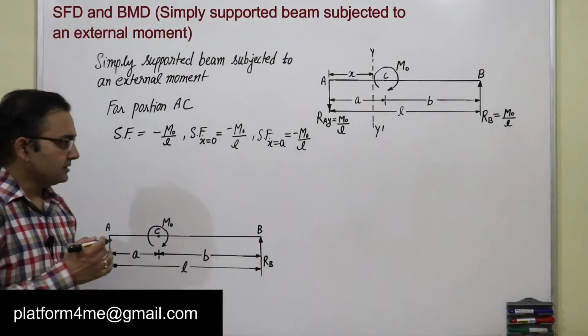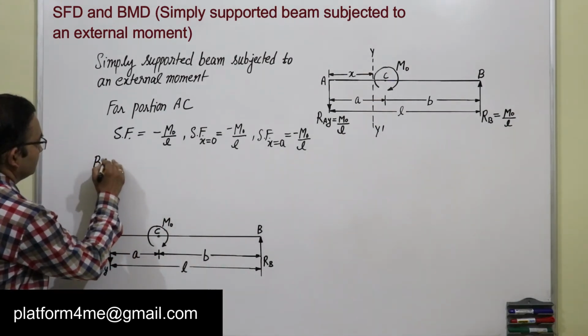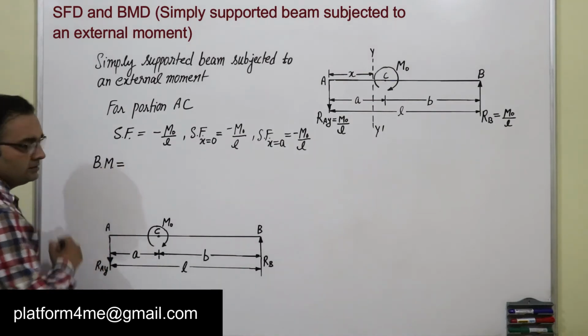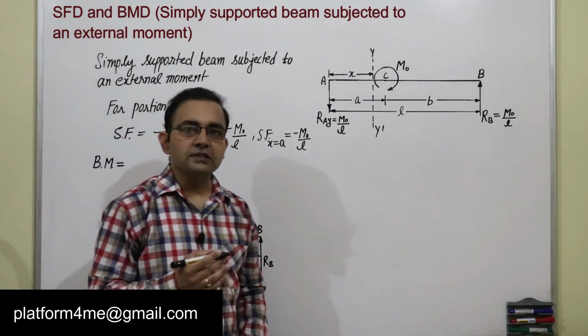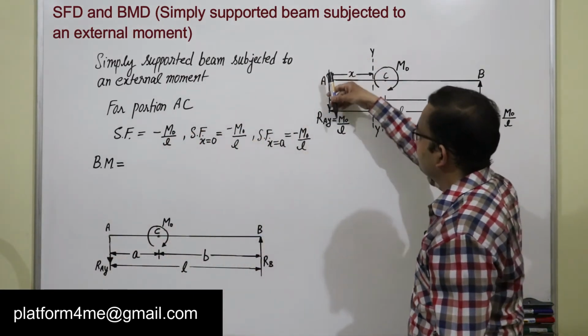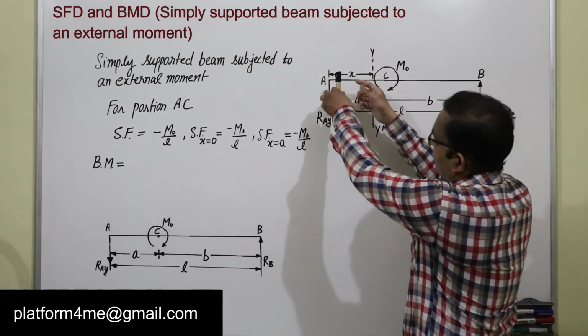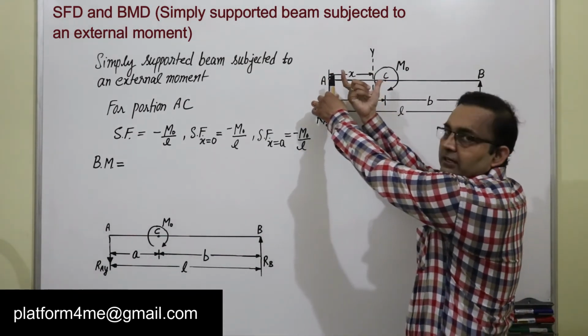Now we will write equation for the bending moment. So bending moment is force into perpendicular distance. So this is force, Ry is the force which is downward, and the perpendicular distance from the section is x.